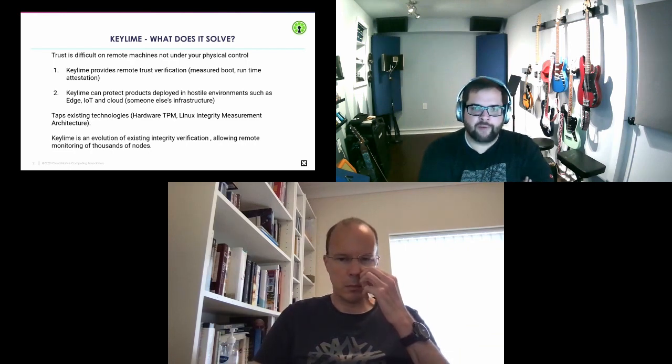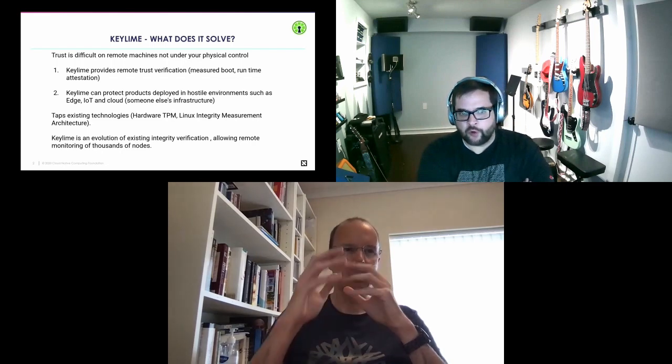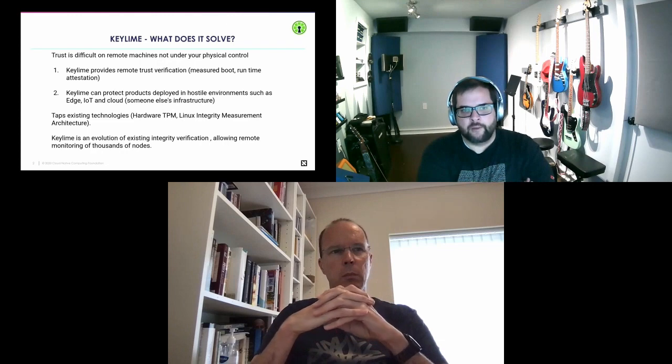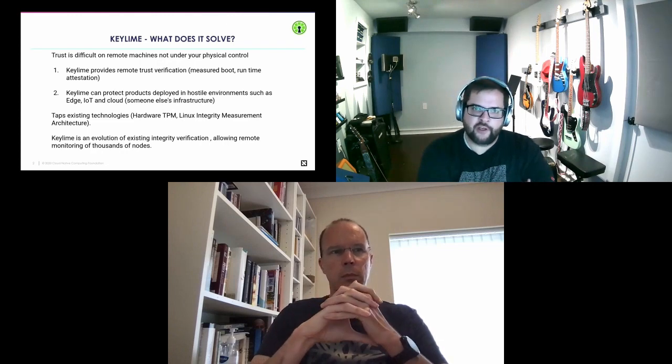The TPM, if you're not, is essentially a hardware chip that lets you make some cryptographic attestation capabilities, including extending hashes and things like that, similar to a Merkle tree that Luke was talking about, but at a hardware level, such that if you start at the very beginning at the boot of the machine, you can establish this hardware root of trust and then extend everything up from that in various layers. So combining that with the Linux integrity measurement architecture, Keylime can do remote attestation of thousands of nodes.